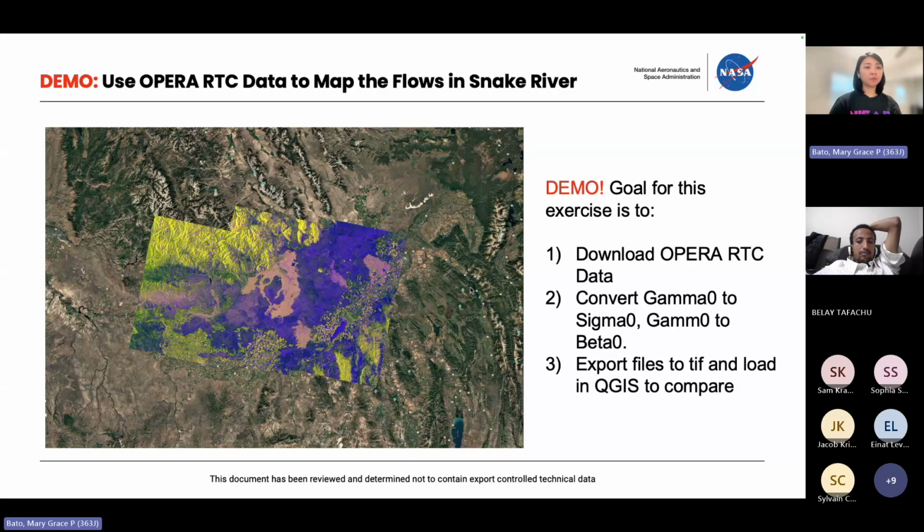What I'm thinking is that since not every RTC dataset that we provide under OPERA is in Worldview, we could just go through Worldview and have a look at some examples where you could use it for lava flow.